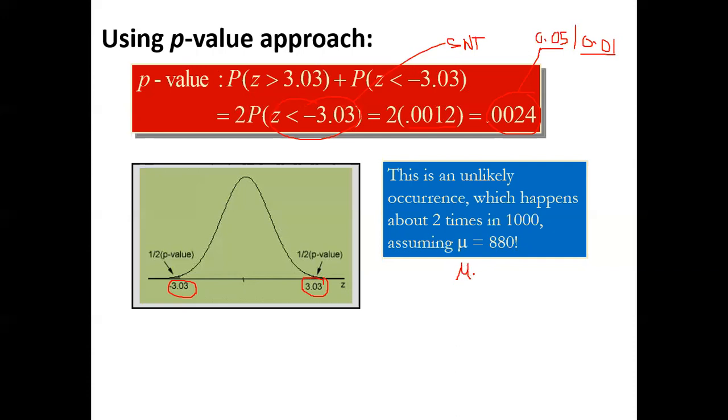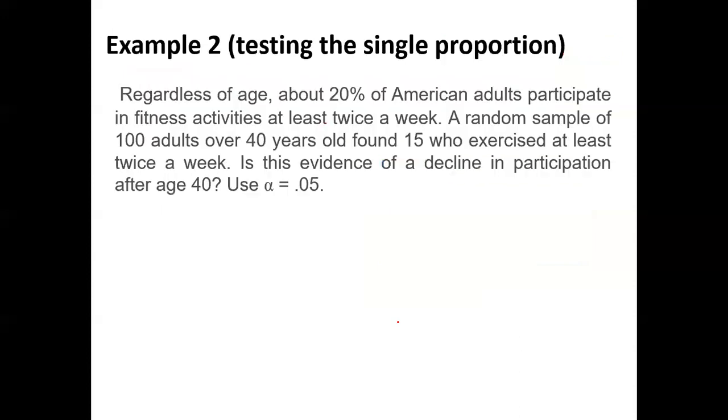So we accept the alternative hypothesis that mu is not equal to 880, or mu is less than 880, or mu is greater than 880. Okay. So let's see the next example.